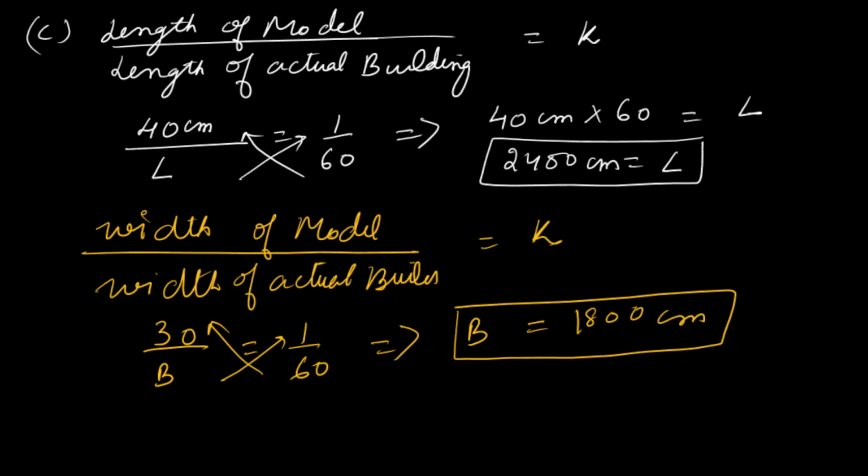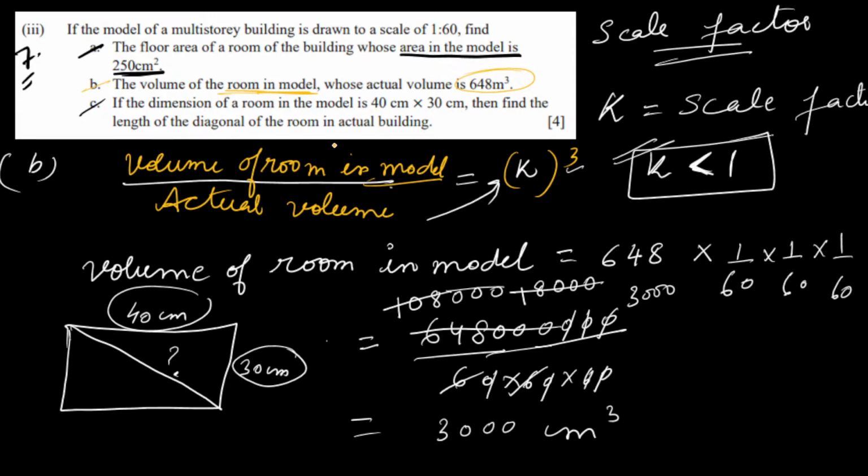So the length of the diagonal, now how will we find it? For the actual building we have the length, we have the width also. Now how to find the length of the diagonal? Because the question says find the length of the diagonal.